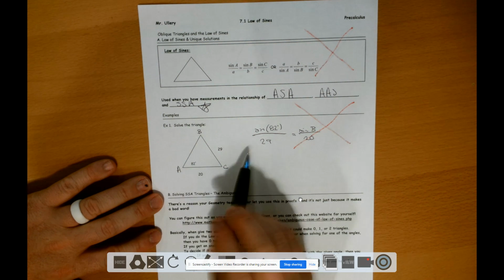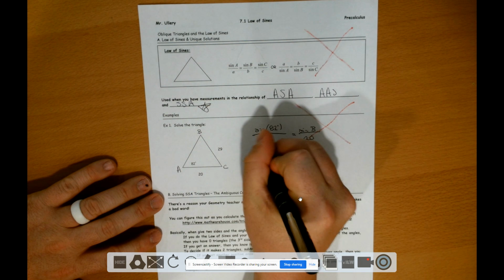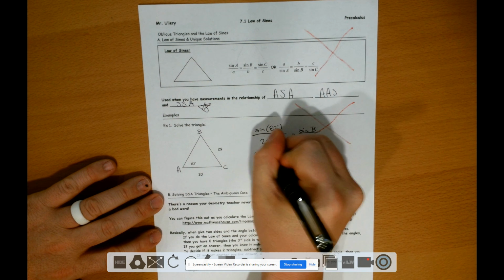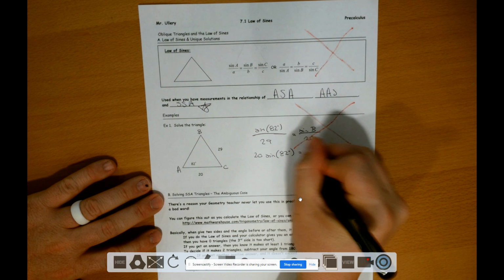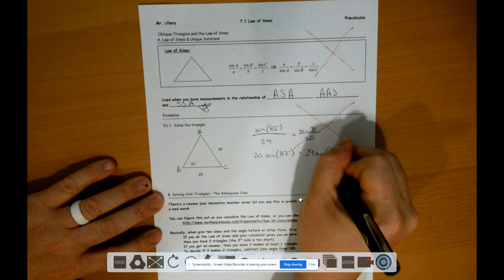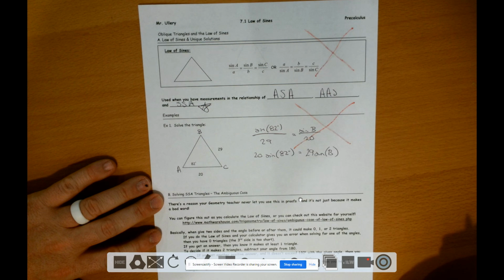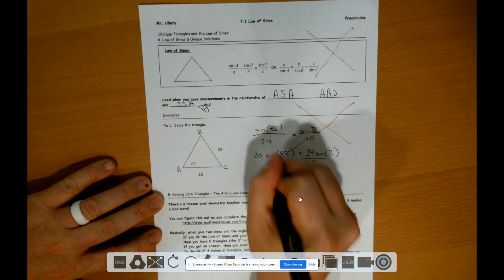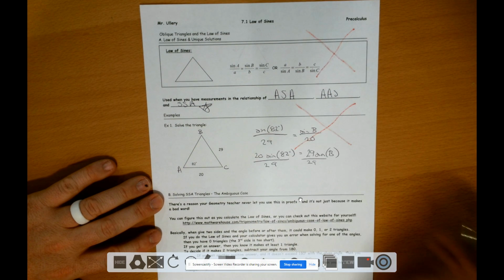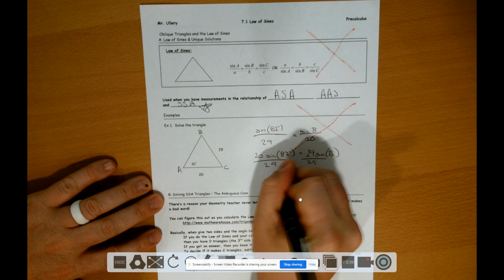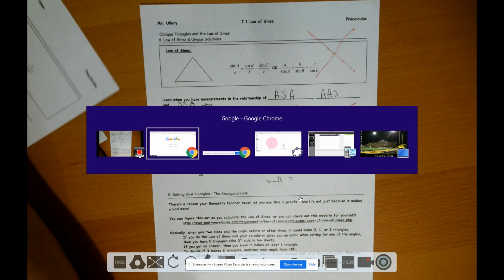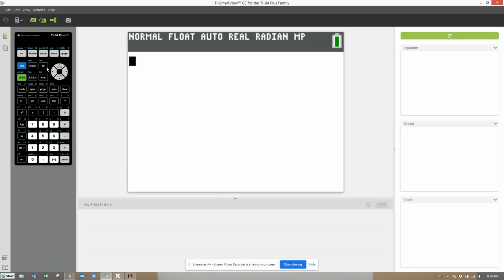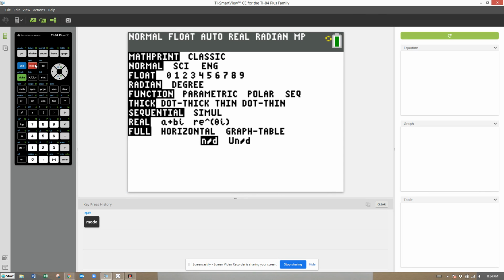Okay, so a little cross multiplication can get me to 20 sine of 82 degrees is equal to 29 sine B. And then I just have to divide by 29 on both sides, and I'll end up with the sine of B is equal to... I'm going to switch over to my calculator here and make sure that I'm in degree mode.